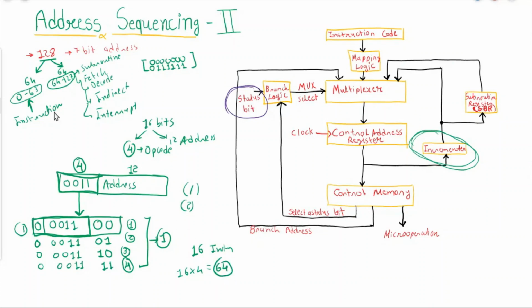So we are having only 64 locations, 0 to 63. So on these 64 locations we can store various instructions. But here each instruction will be stored in the form of a group of steps. So here a group of 4 steps is specified. So this is how mapping can be done.